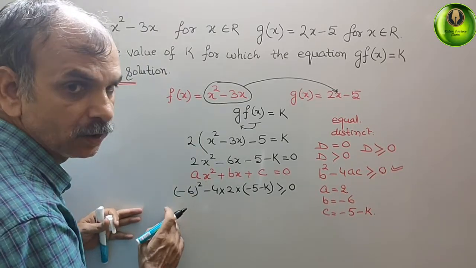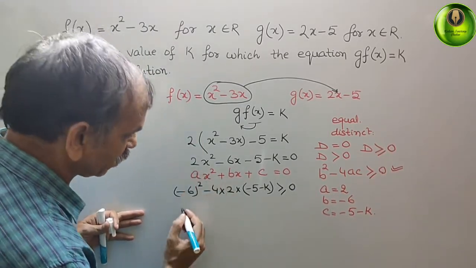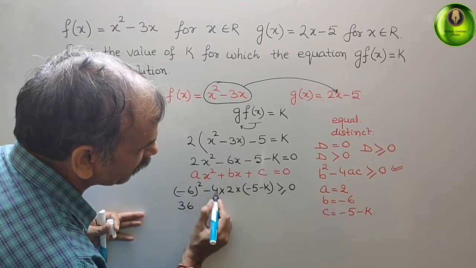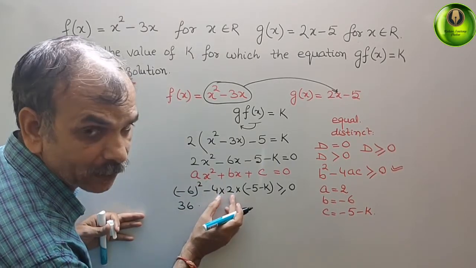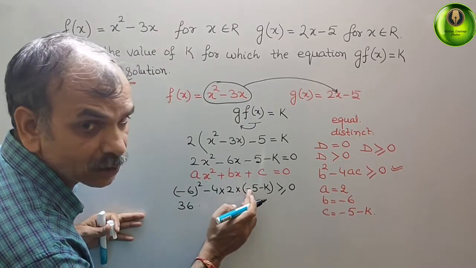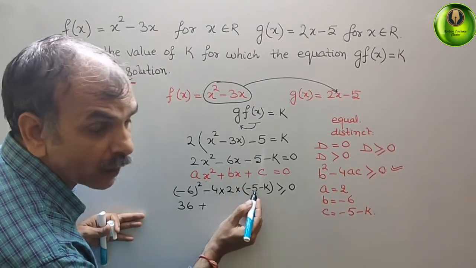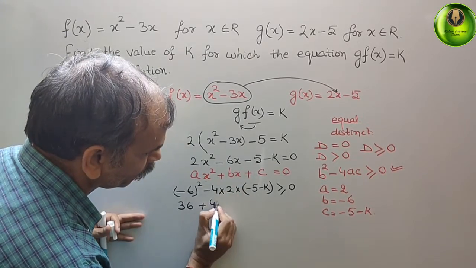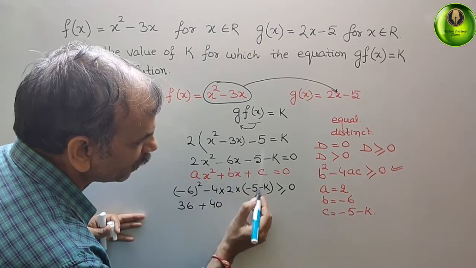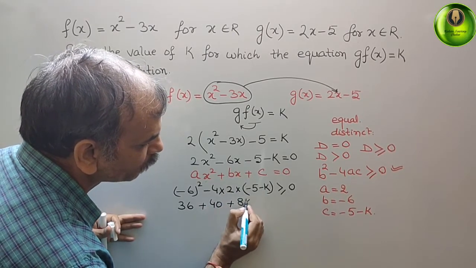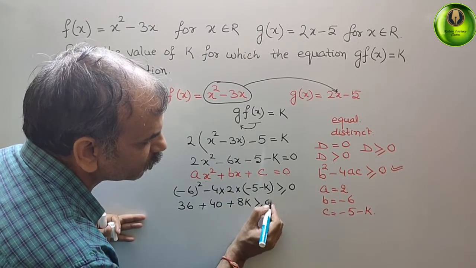Okay, solve this. Minus 6 square is 36, minus 4 into 2 is 8, minus into minus is plus, 8 into 5 is 40. Minus into minus is again plus, 8 into k is 8k, is greater than or equal to 0.